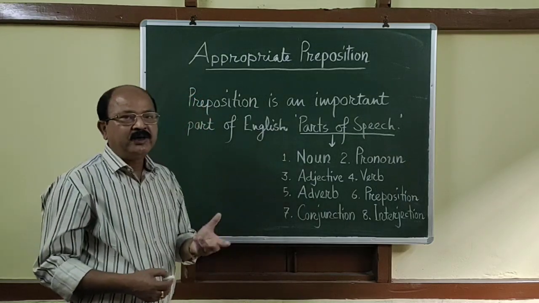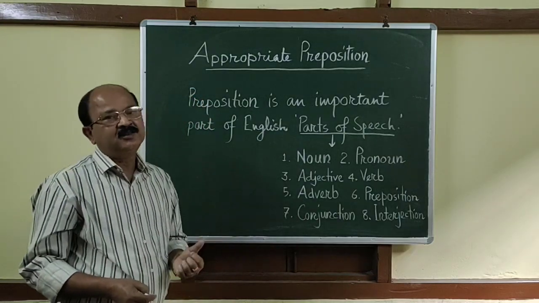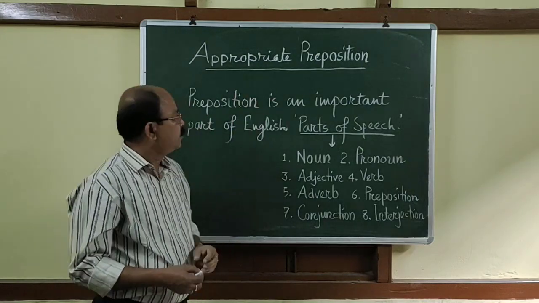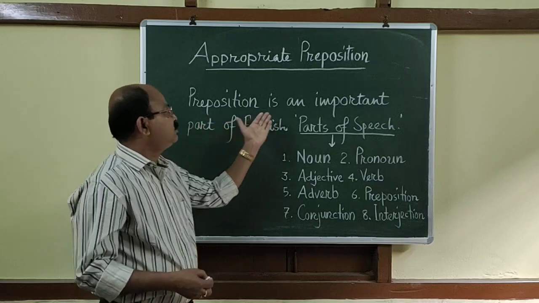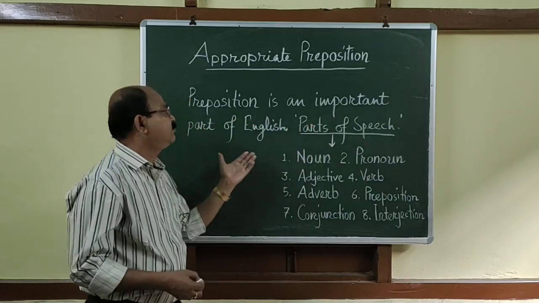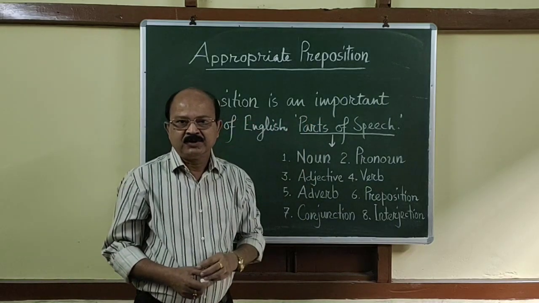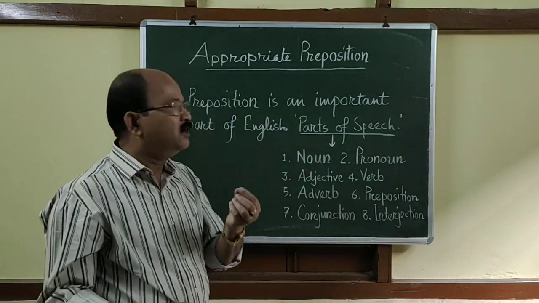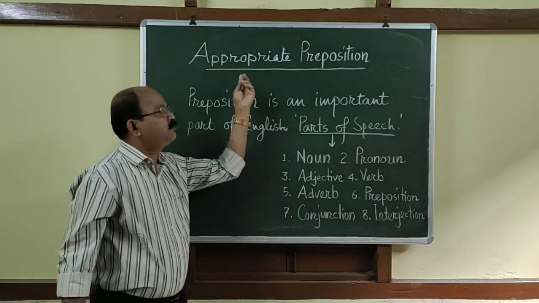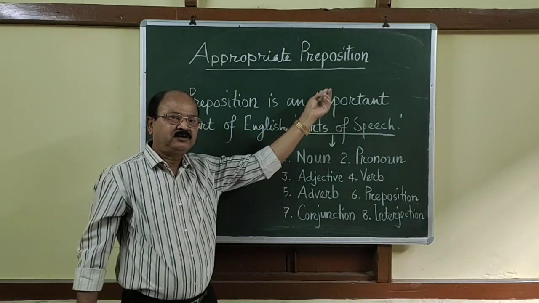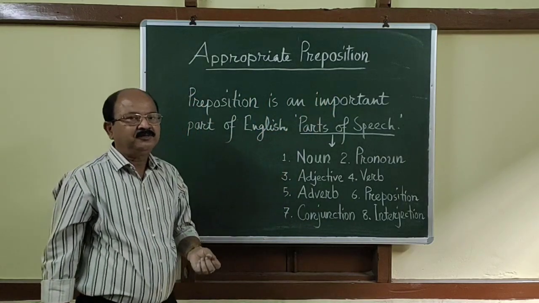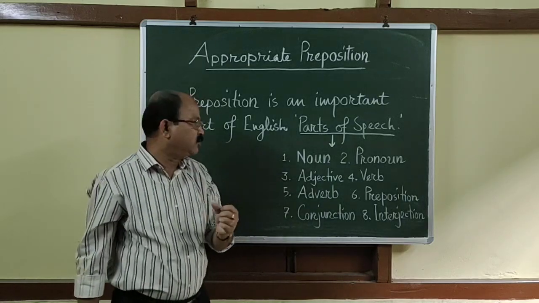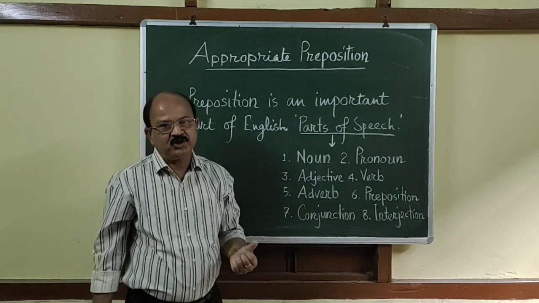Today we are just going to discuss the topic appropriate preposition. Preposition is an important part of English parts of speech. Before we go to discuss in detail, it is essential to have a look at English parts of speech.